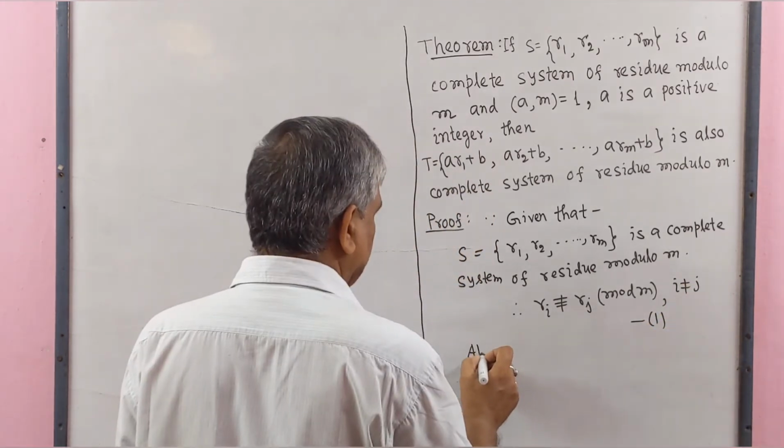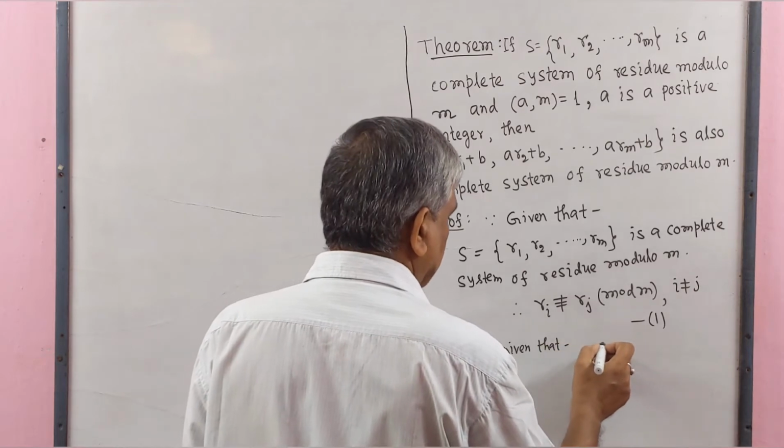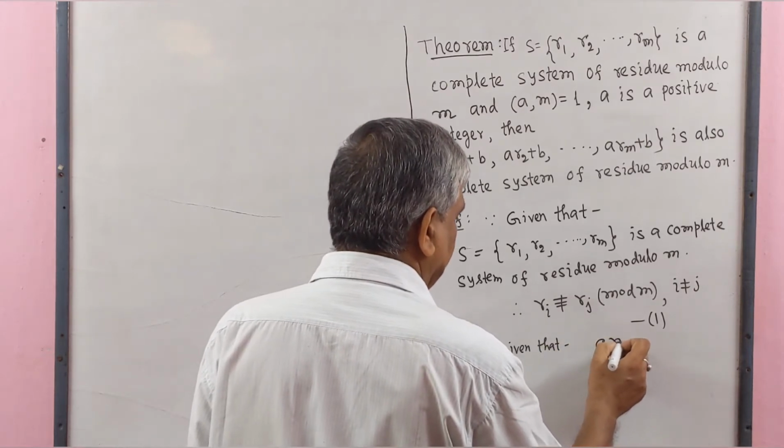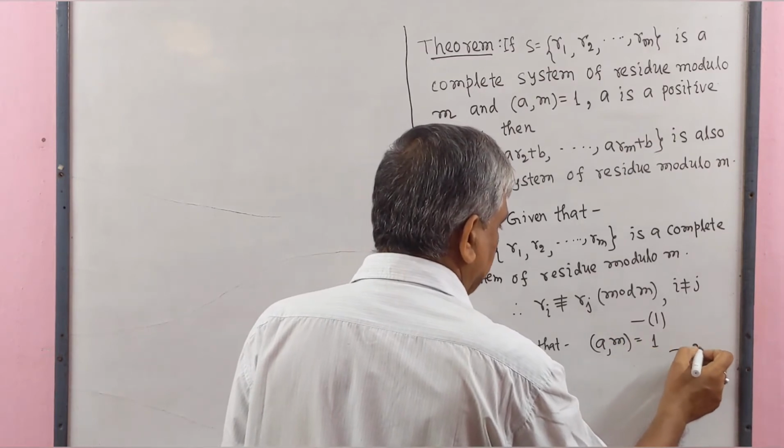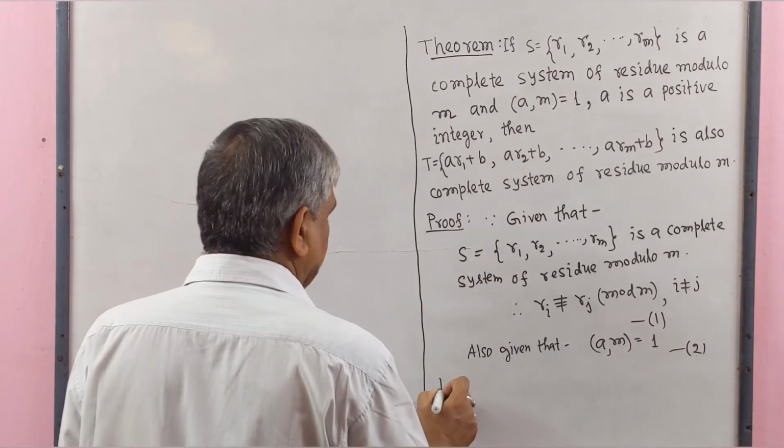Also given that GCD of A and M equal to 1. This is number 2.